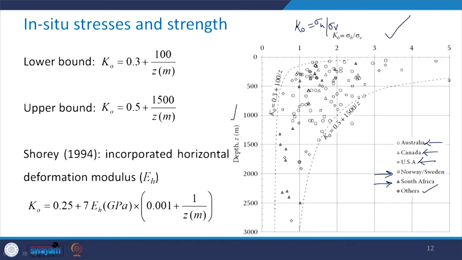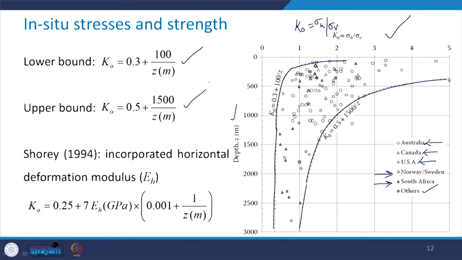As you can see, this is the upper bound with respect to the larger values of K, and this is the lower bound on the values of K. The equation of this lower bound is given by K naught equal to 0.3 plus 100 upon Z in meter, and the upper bound is given by 0.5 plus 1500 upon Z, where Z is in meter.